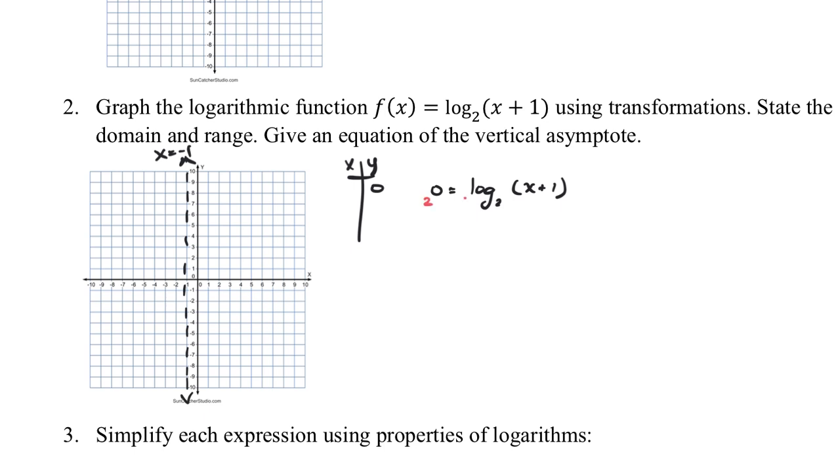So base of 2 here and here. Base 2 is going to cancel the logarithm. So that's going to leave us with 2 to the 0 power here is 1. So this is 1 equals x plus 1. Subtract 1 on both sides and we get x equals 0.